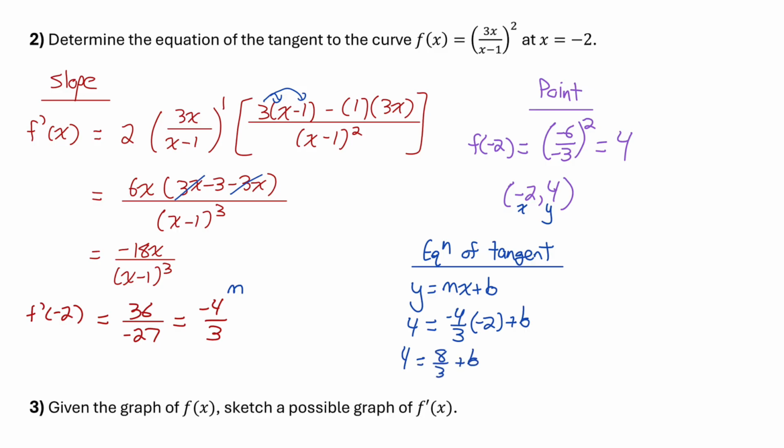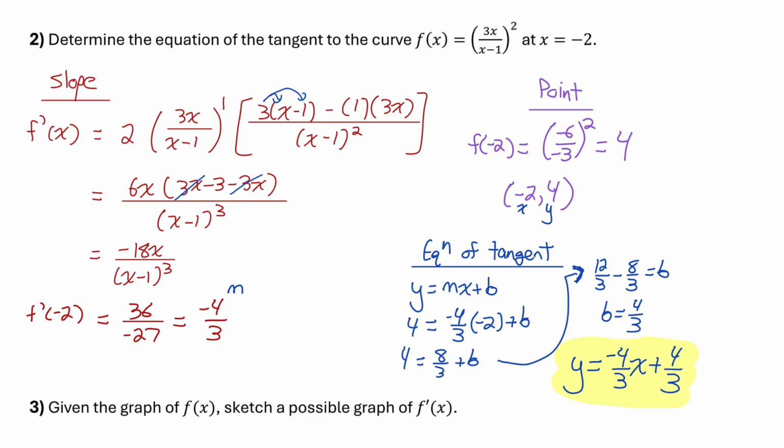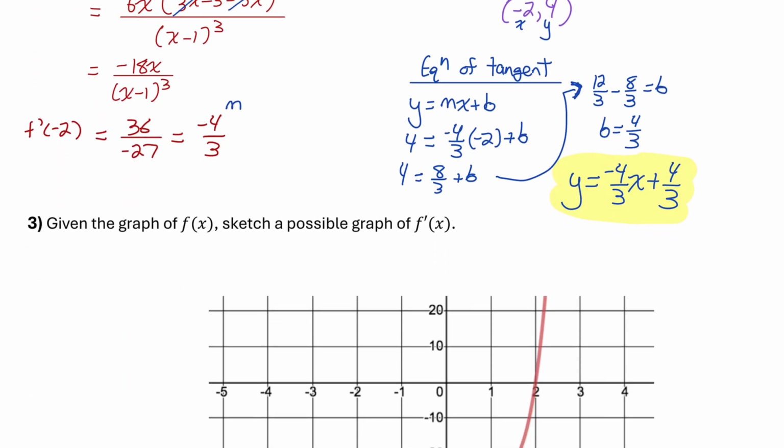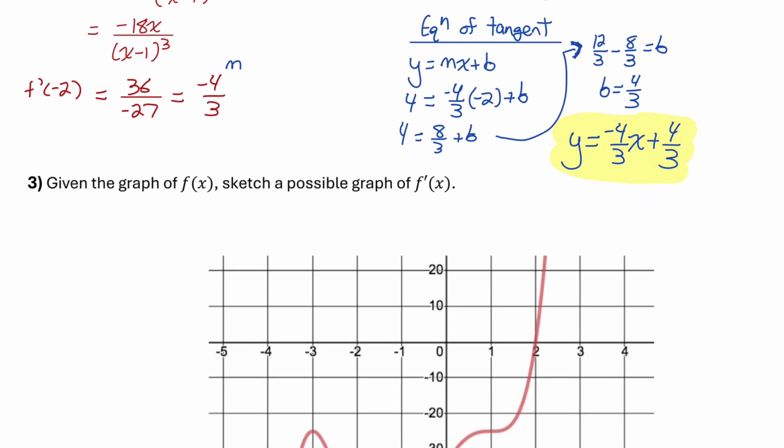To isolate b, I would just subtract this 8/3 to the other side of the equation. So I have 12/3 minus 8/3, which is 4/3. So the b value is 4/3. Meaning the final equation of the tangent line is y equals negative 4/3 x plus 4/3. And now let's go on to questions 3 and 4, where we do some sketching of graphs.